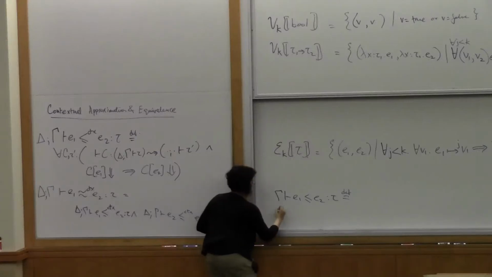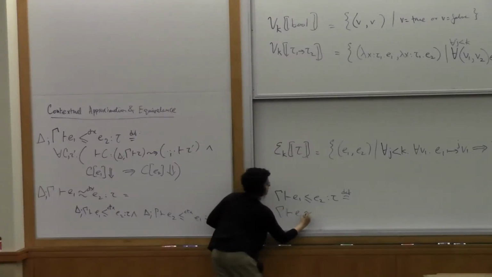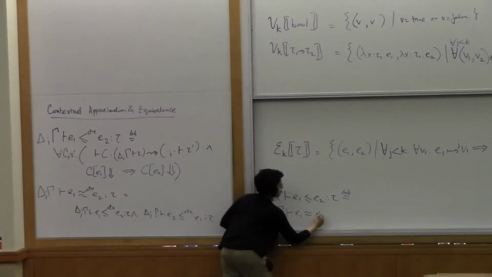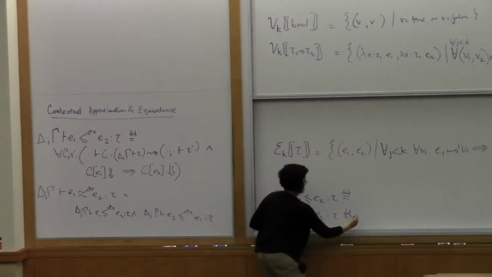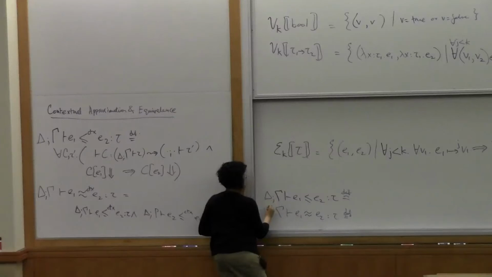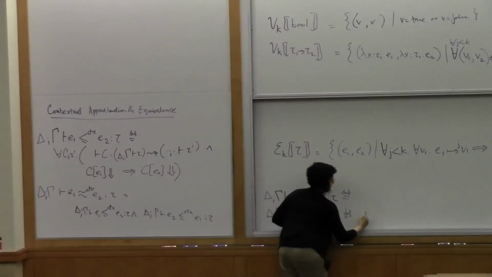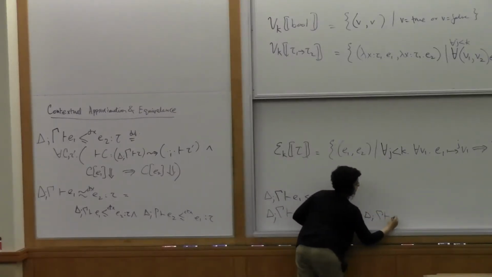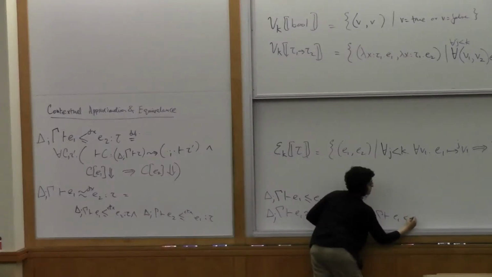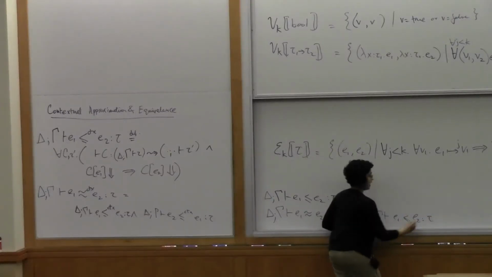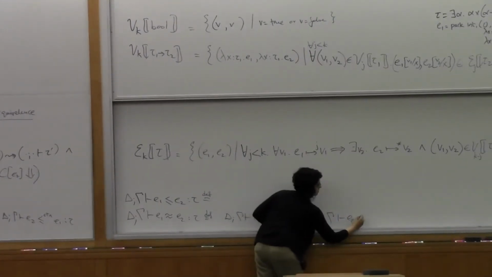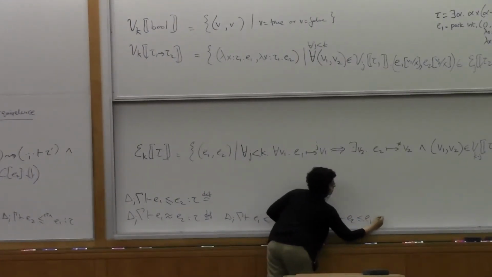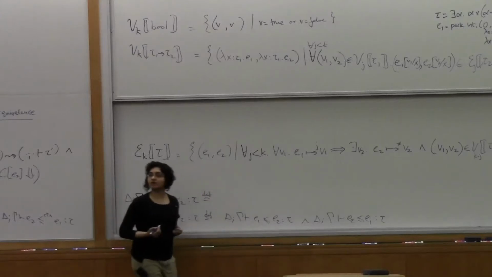Once we've done that, we are going to say that E1 is logically equivalent to E2 at the type tau if you have approximation in both directions. So if E1 logically approximates E2 and E2 logically approximates E1, at the type tau.